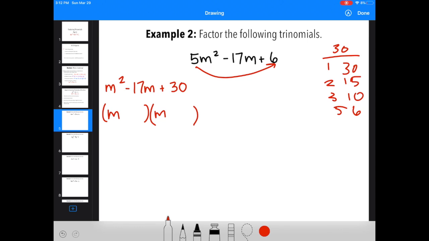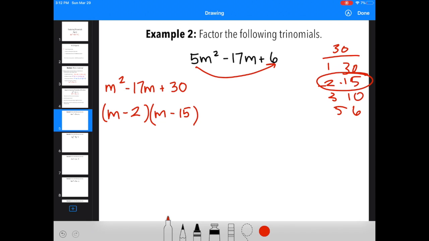So looking at that list, what can I add together to get negative 17? Well, 15 and 2 give me 17, but I need to make that negative. So if I have a negative 2 times a negative 15, is that going to give me a positive 30? Yes. And I have a negative 2 plus a negative 15. Does that give me negative 17? Yes. So I'm going to have negative 2 and negative 15.